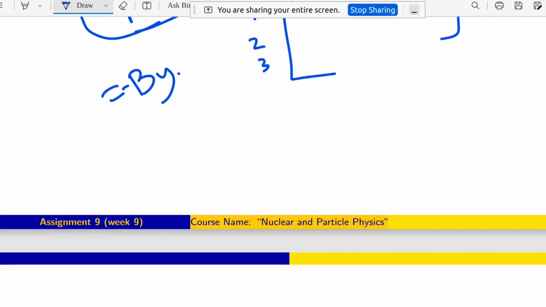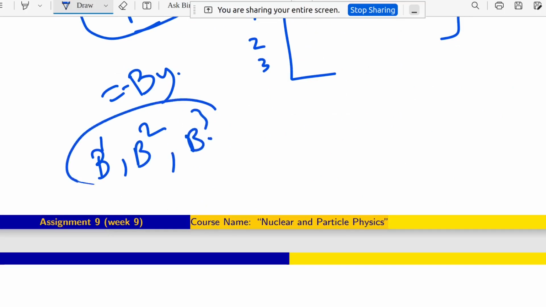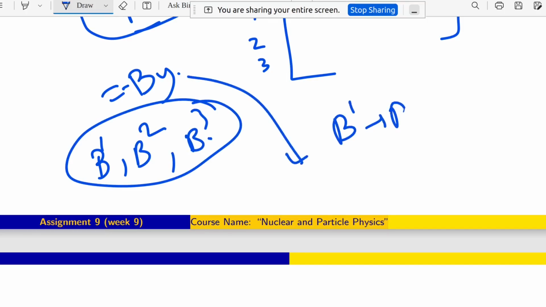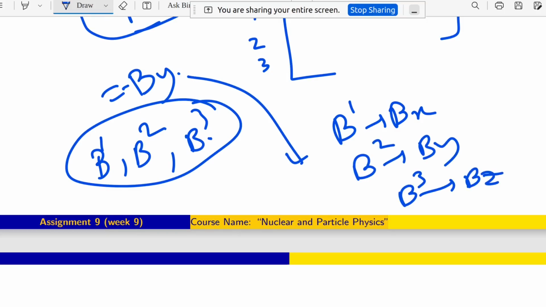Now in the options they have given b1, b2, b3, something like that. So what will be the minus by case? b1 is bx, b2 is by, b3 is bz. So if I write minus by here, then it will be minus b2.